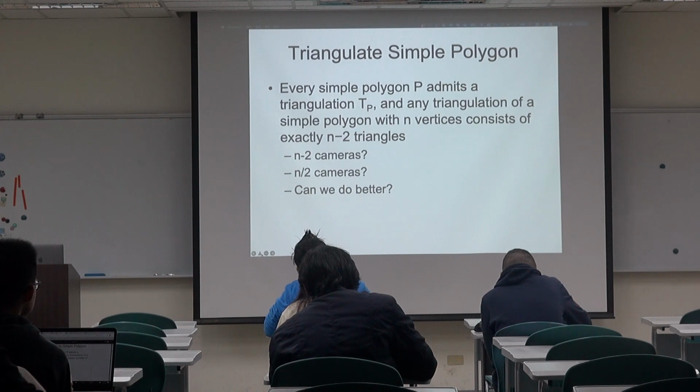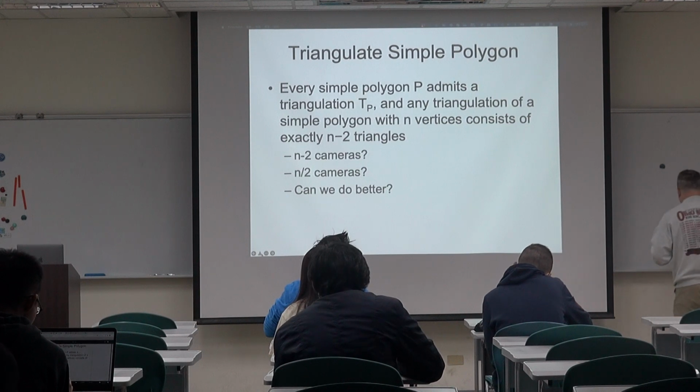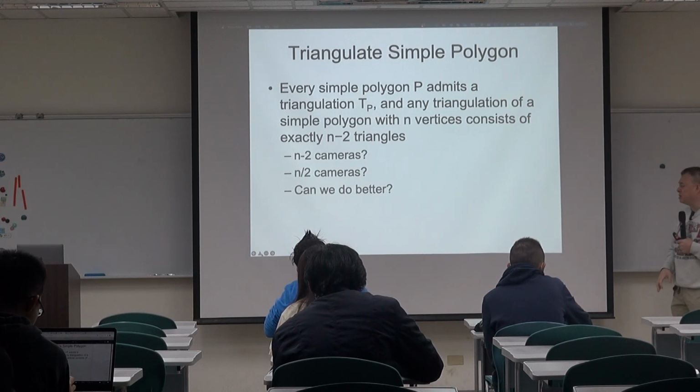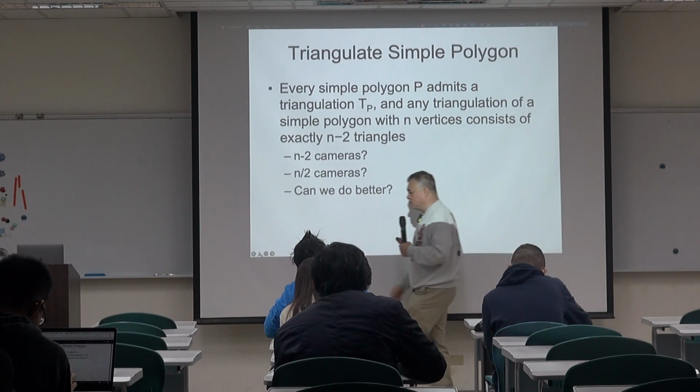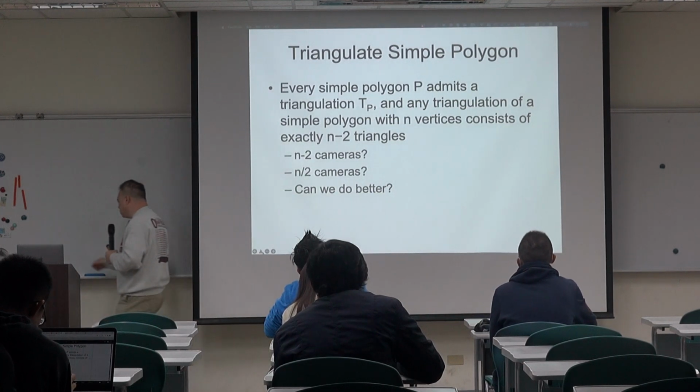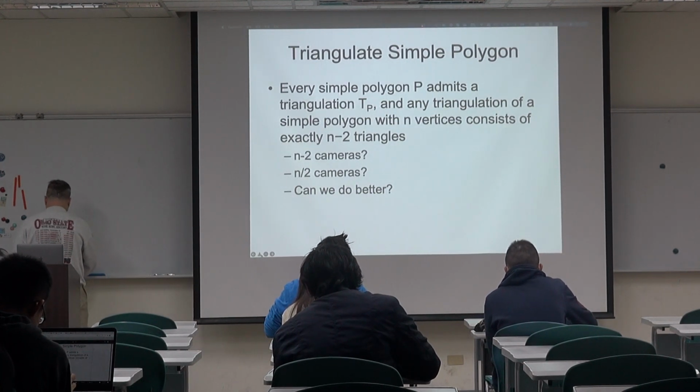If your polygon is convex, it is very easy to see that eventually you can triangulate it into n minus 2 triangles. Let me just draw a very easy example.